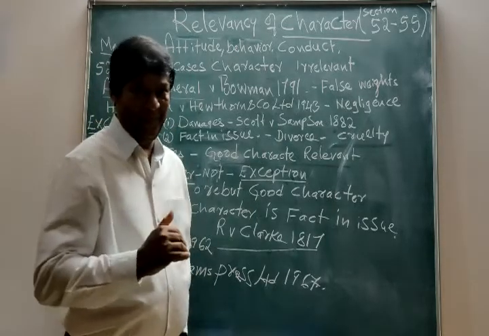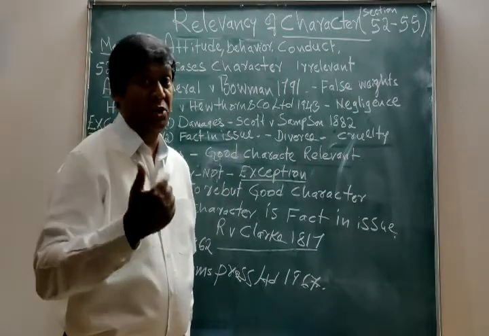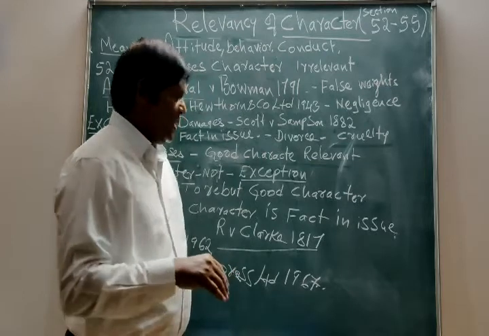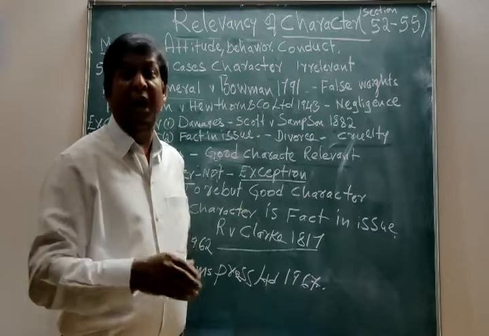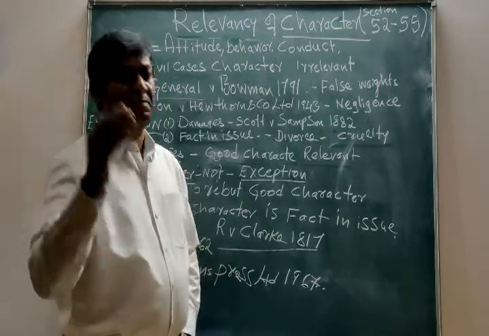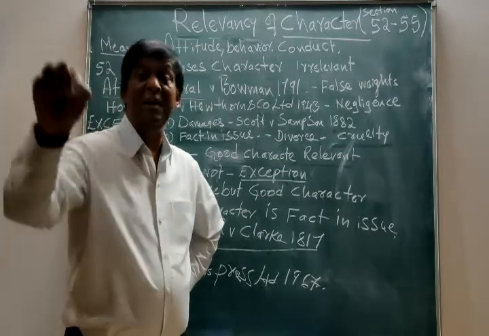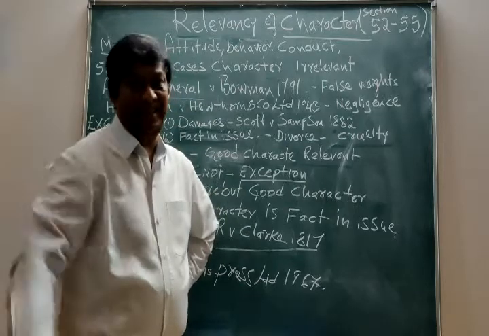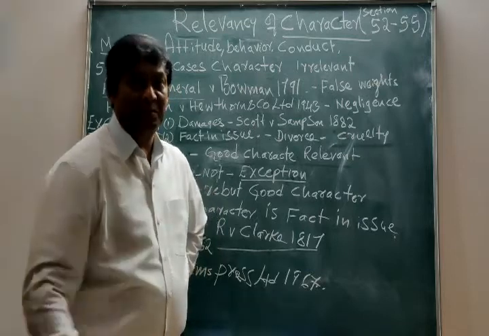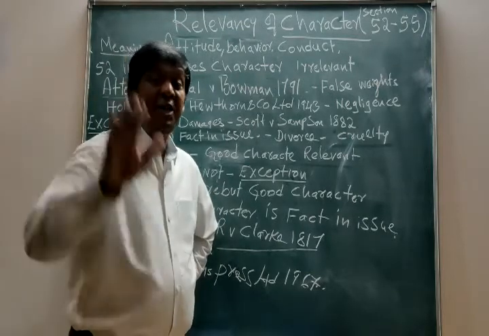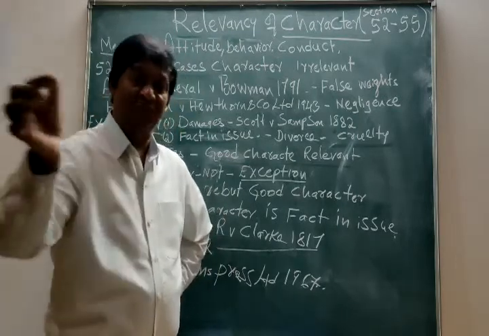During the trial, the accusation is that this man, the accused, tried to rape me. Then the accused produced the proof that the complainant, the lady, is a loose character person. He produced the proof of prostitution of that lady.